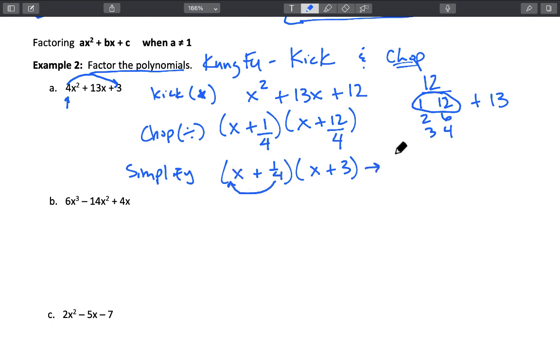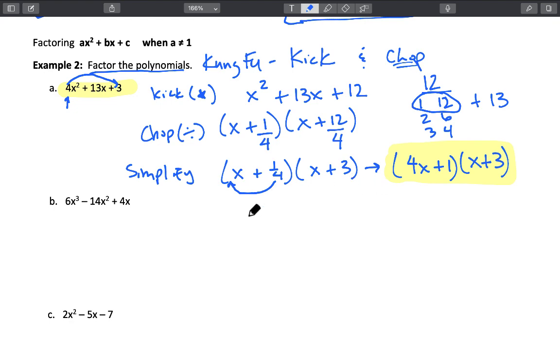So my two factors are 4x plus 1 and x plus 3. And this is the final factorization of my original polynomial, which was right up here, 4x squared plus 13x plus 3. And if you want to check it, you can redistribute those and remultiply them back together, and you will see that you get 4x squared plus 13x plus 3. So that is the Kung Fu method.